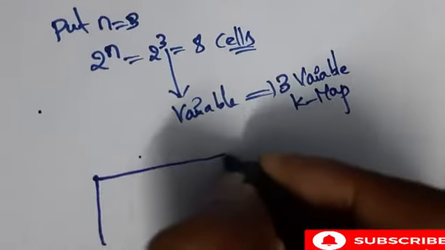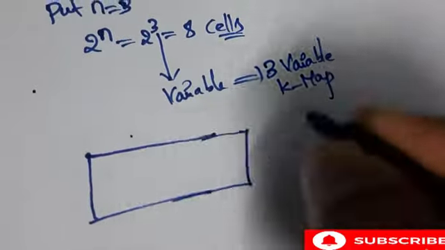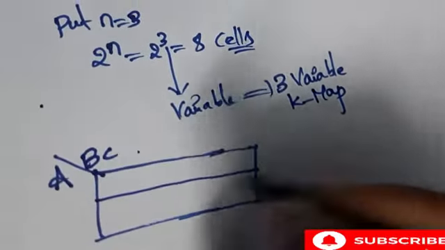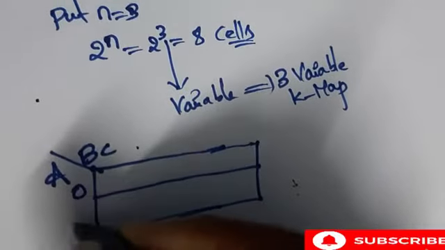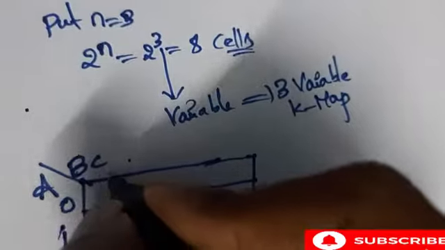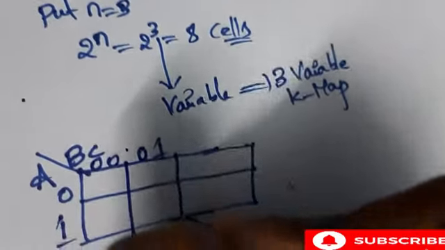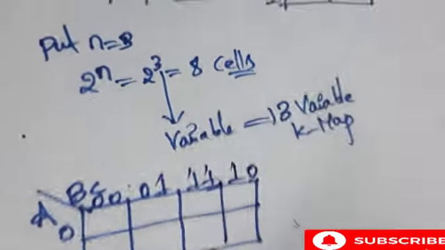Here how will the boxes be represented? Let's see. A, B, C. We already know the variable A takes 0 and 1. This will be 0 0, 0 1, 1 1, 1 0.